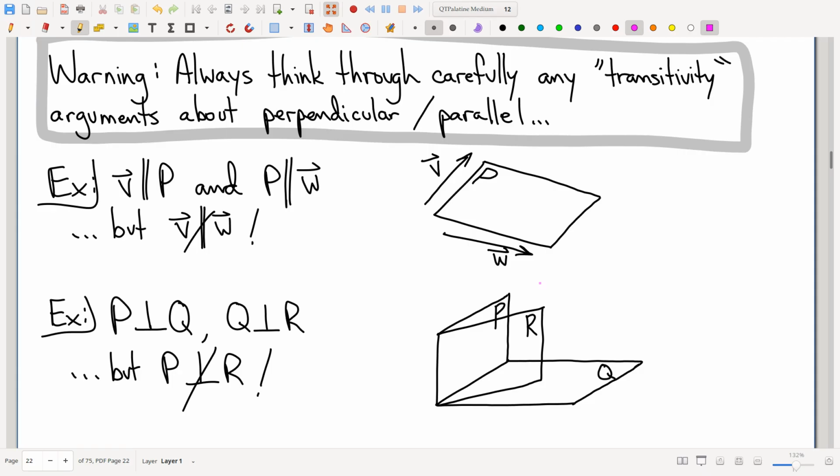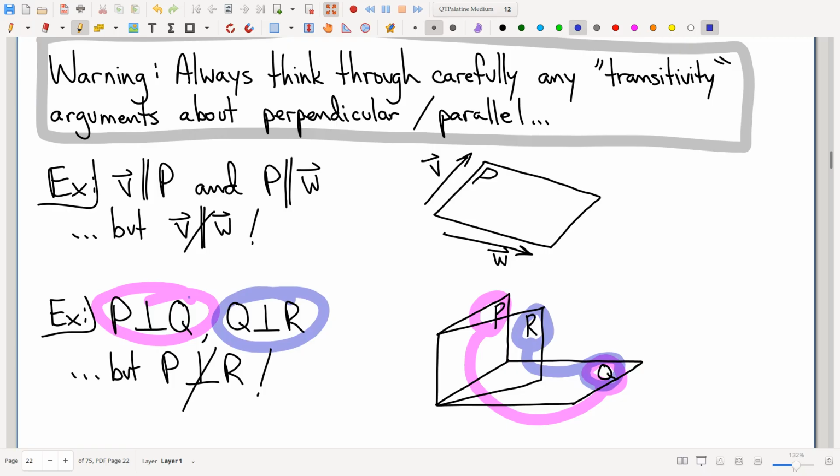Geometry doesn't work like that. Here's another one. These are perpendicular. Right? These are perpendicular. P is perpendicular to Q. Q is perpendicular to R. Kind of feels like maybe P and R ought to be parallel or something.